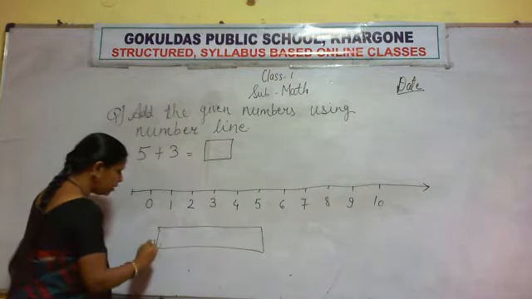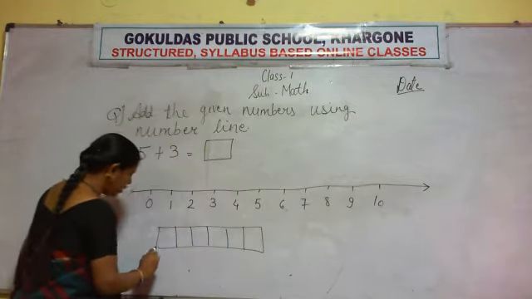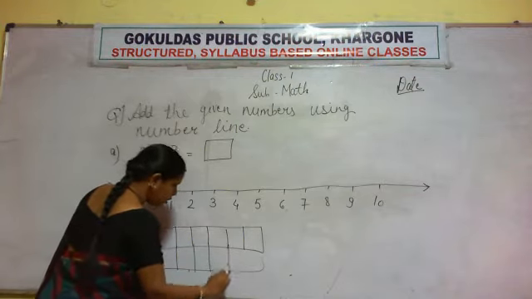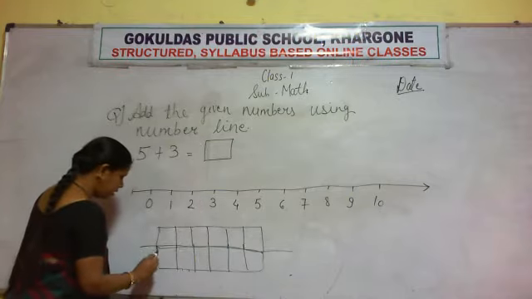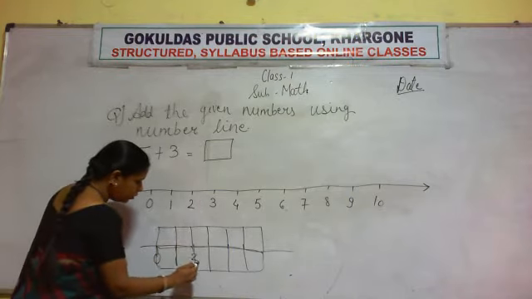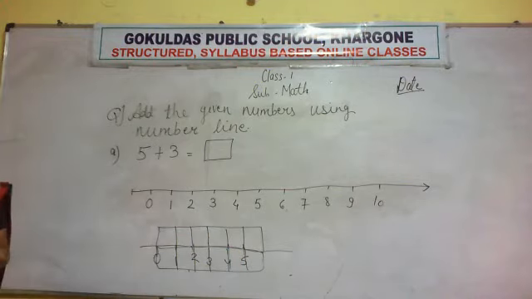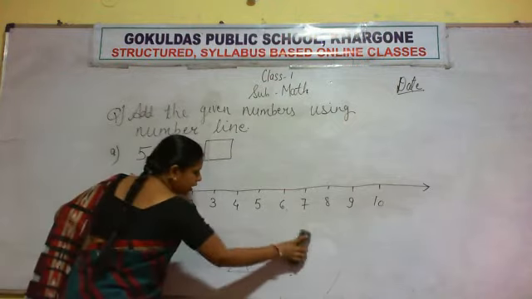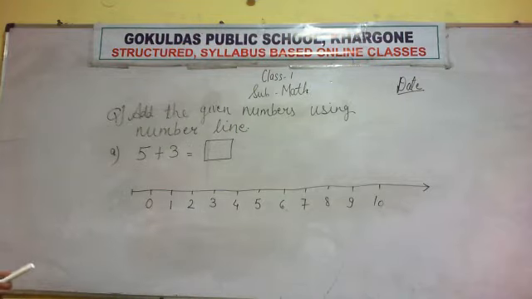Suppose you have boxes in your notebook in this way. In the maths book you have boxes. So in this way you draw the line and write numbers on the number line in your notebook. Draw a straight line and use a scale for drawing the line.